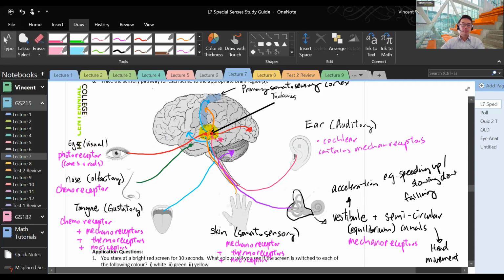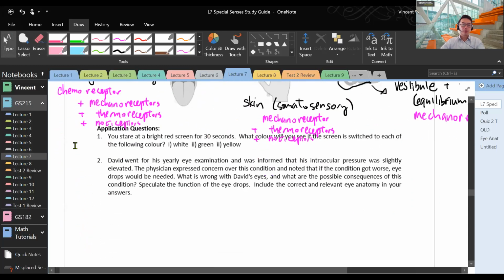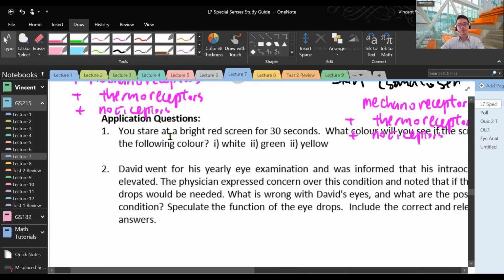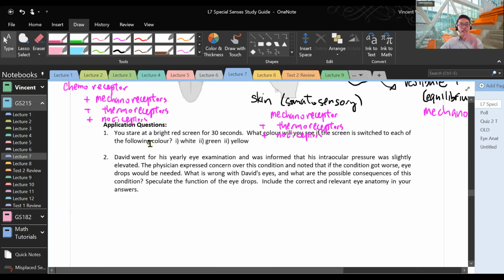Okay. Let's take a look at this application question. You stare at a bright red screen for 30 seconds. What color will you see if the screen switched to white? Anybody know the answer?